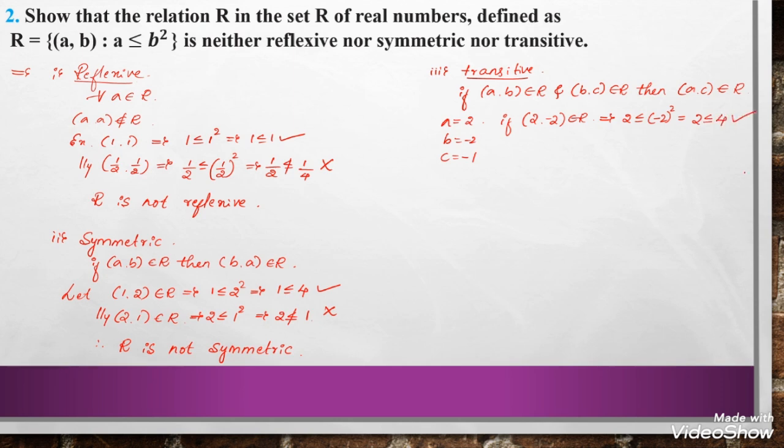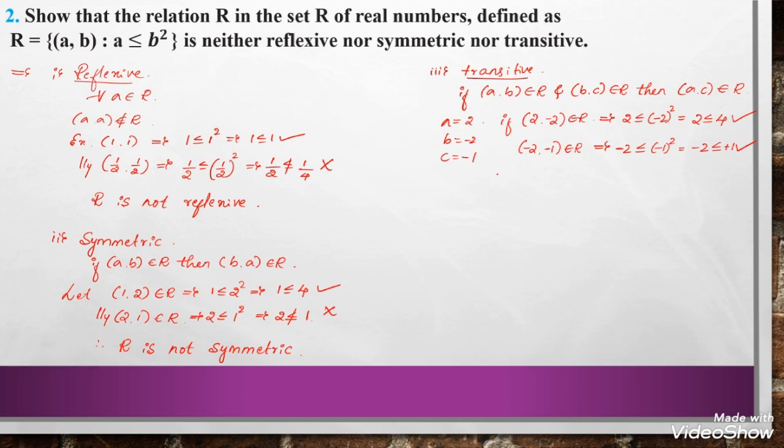The condition is satisfied. Again, the second number is related to the third: (-2, -1) belongs to R, because -2 ≤ (-1)², so -2 ≤ 1. Yes, the condition is satisfied.